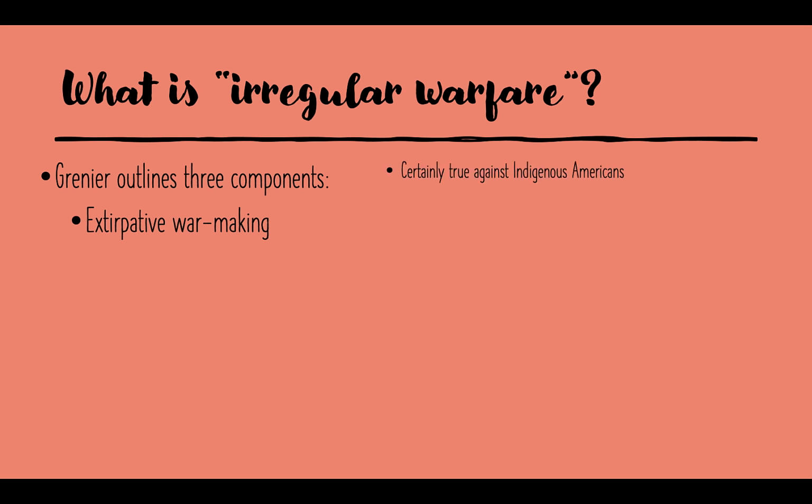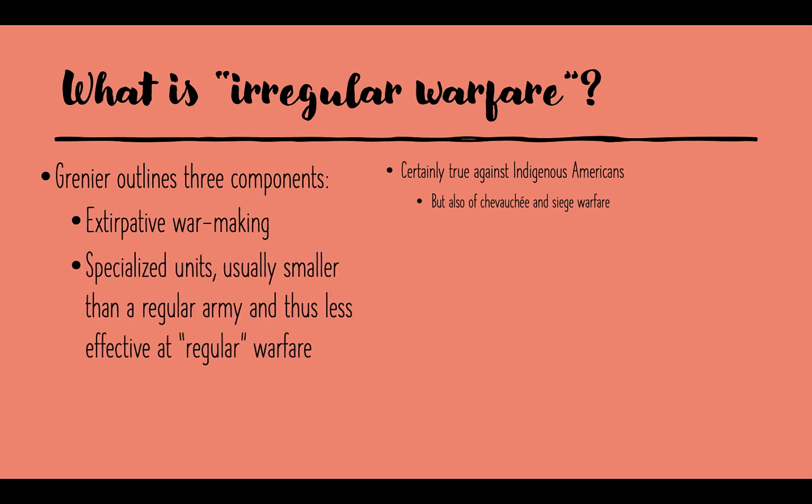This was definitely true against the Indigenous Americans, but also a part of Chivalry. So now we can see that the legacy of the crusades is carried forward in a number of ways.